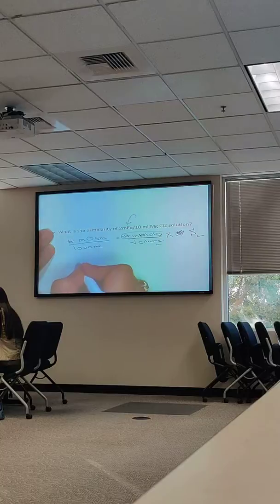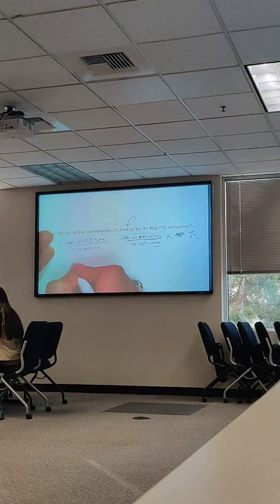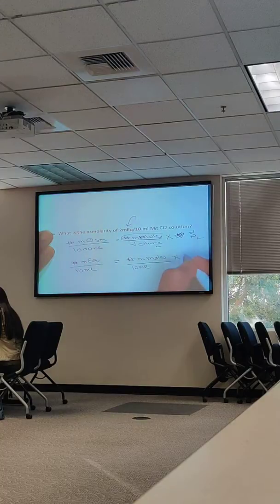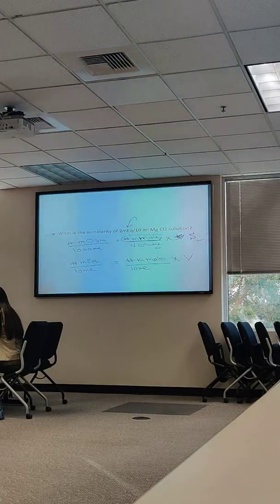Okay, so I'm going to reuse the MEQ equation. The number of MEQs per 10 milliliter equal the number of millimoles per, again, 10 milliliter multiplied by the valence. Do I need the molecular weight?